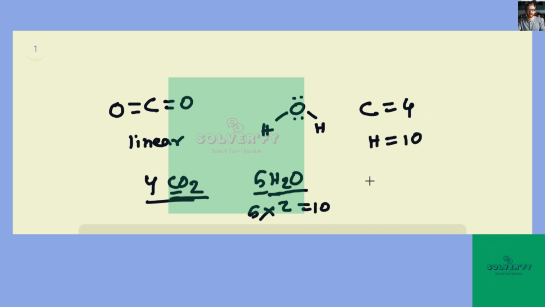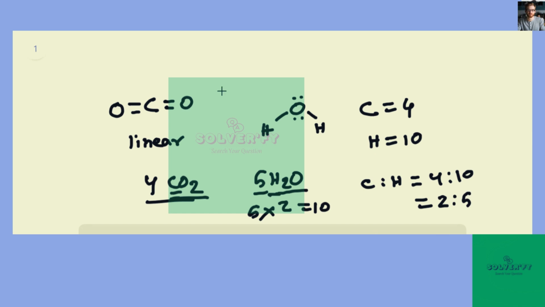So, to know the empirical formula we have to find the smallest possible whole number ratio of these two numbers. So if we write it this way, 4 is to 10, and we can divide this by 2, and we get 2 is to 5.